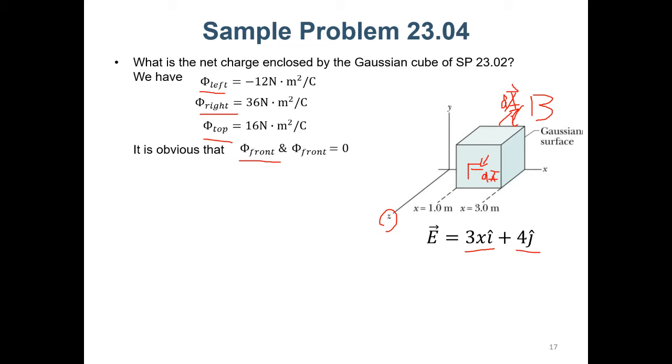It asks what is the net charge enclosed by the Gaussian cube of sample problem 23.2. Actually we know phi left, right, and top.